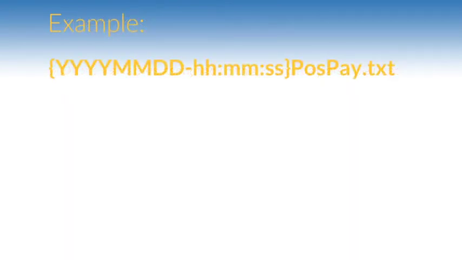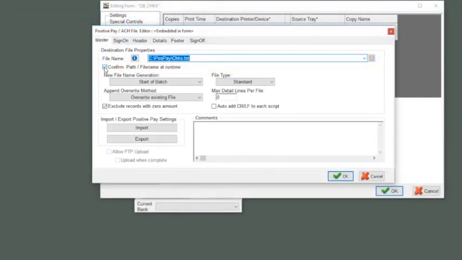For example, select Confirm Path File Name at Runtime to manually change the file name when variables are not used to create the file name. New file name generation is usually left as the default value, start of batch. The other options are each new page and each new doc number.